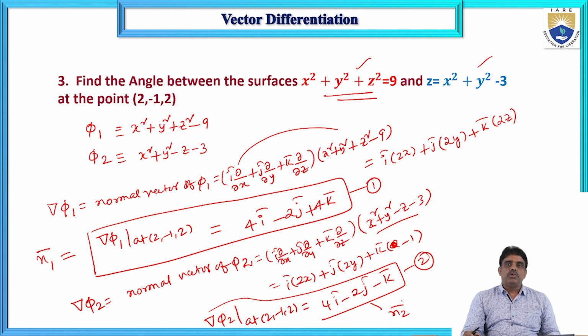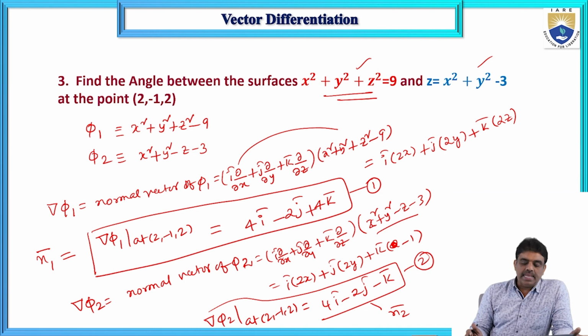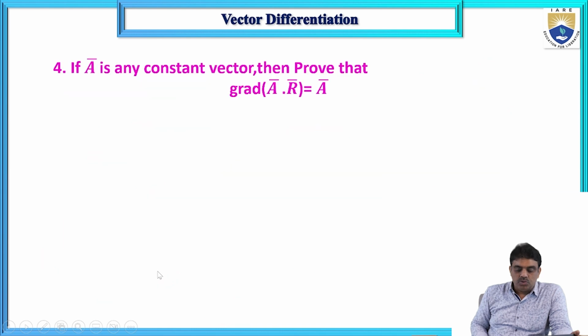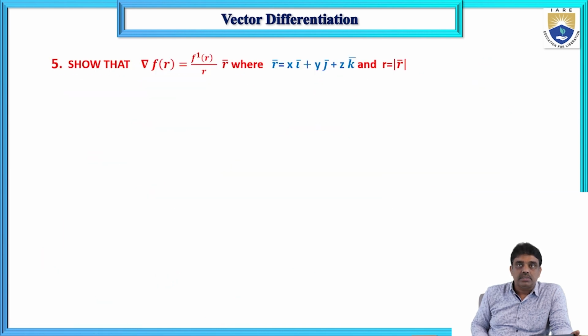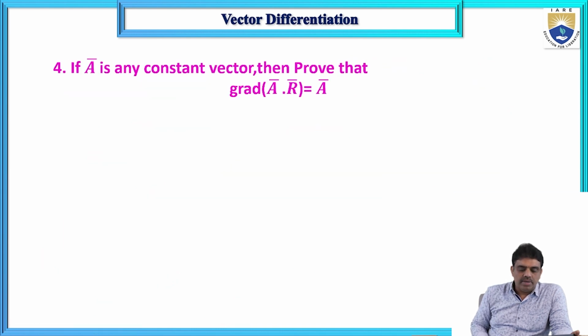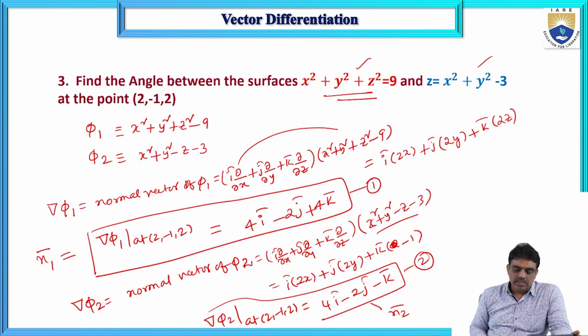Now what we have to do is find the angle between the two surfaces. The angle between the two surfaces is nothing but the angle between the two vectors. So how to find the angle between the two vectors? I will write here the vectors: 4i bar minus 2j bar plus 4k bar.